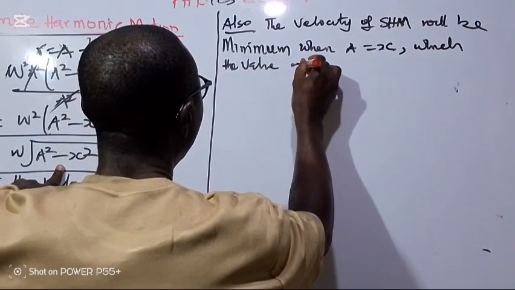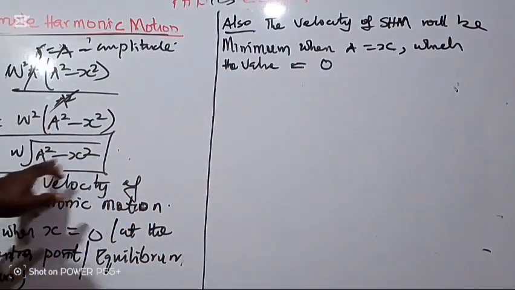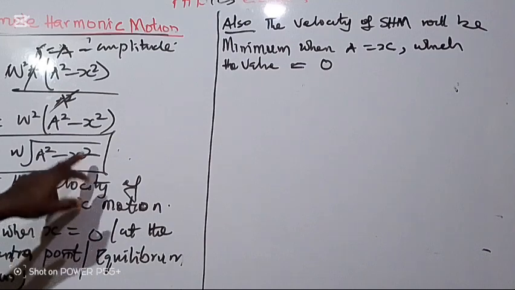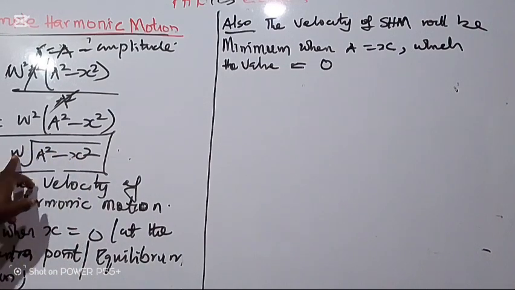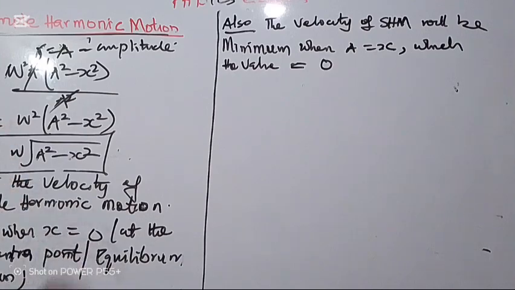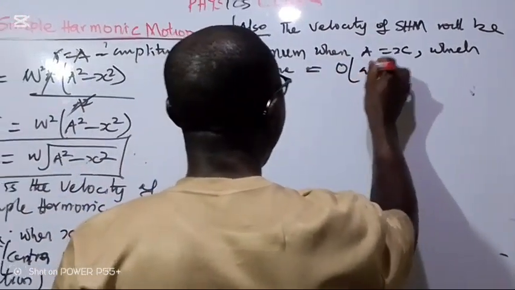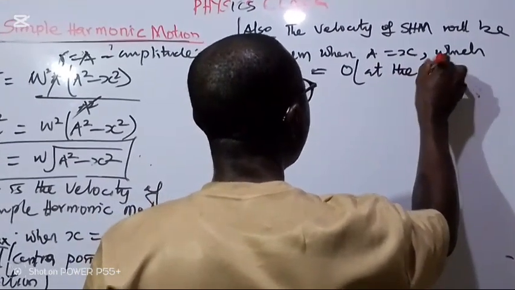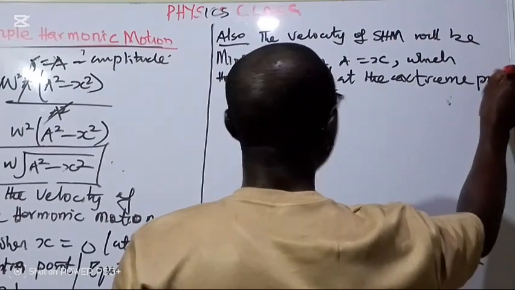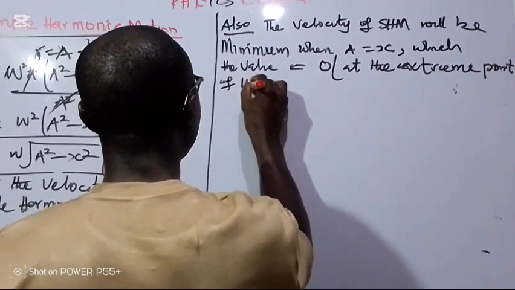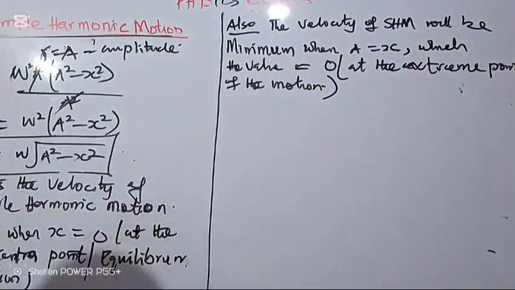That is when A is equal to s. If A is 2 and s is 2, 2 minus 2 will give us 0 multiplied by this one. So we are going to have the minimum velocity when s is equal to 0. And this will occur at the extreme point of the motion, where we have the minimum or least velocity.